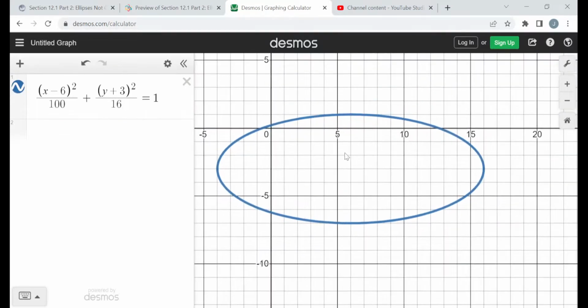And scoot over here so you can see it, and then you see one of them is at 6, 1. That's a co-vertex. The other co-vertex is at 6, -7. And then see over here there's 16, -3. That was one of the vertices. And -4, -3, the other vertex that I did write out on paper.